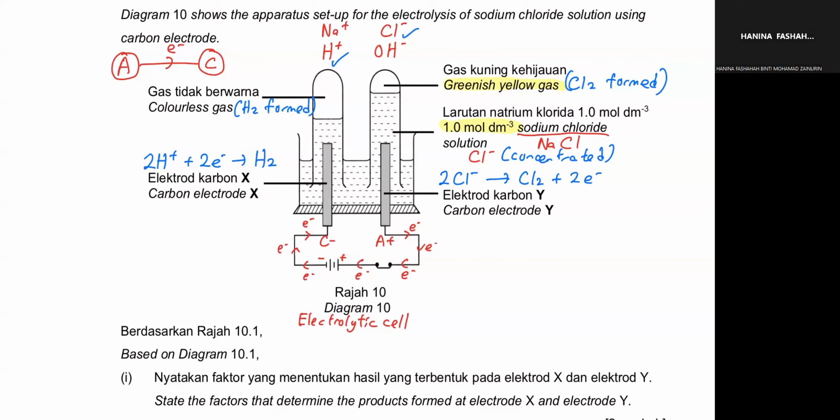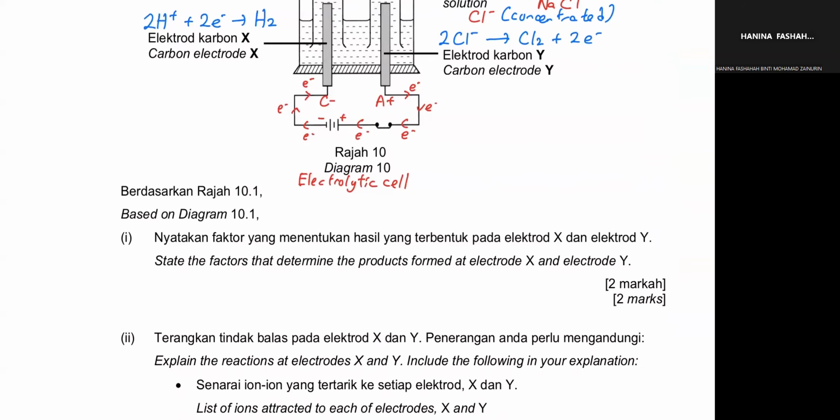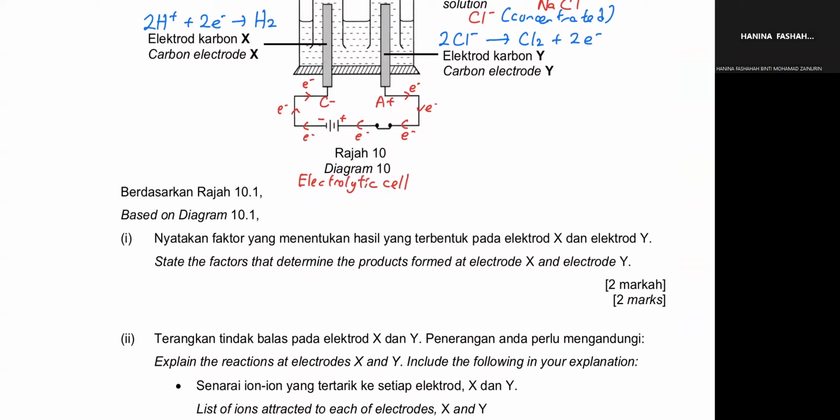So for the factor for electrode, how do you define the factor that determines the product? If they ask what the factor for electrode X is, you look at the cathode. Cathode has only one type, which is the E naught value.